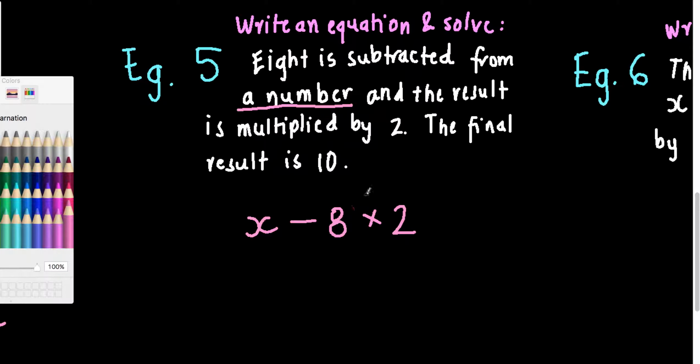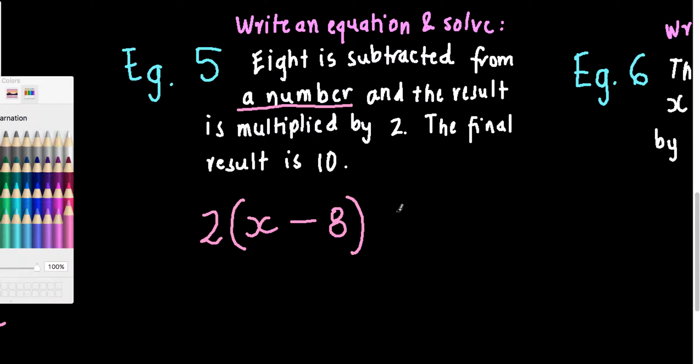It's going to multiply 8 by 2, and then that result, 16, will be taken away from x. And that's not what I wanted. It told me that the 8 was first subtracted, and the result of that was multiplied by 2. Now I'm putting the 2 out the front because we tend not to write this, do we? So we don't use that multiplication symbol. So if that's being multiplied by 2, I simply need to put a 2 at the front of that bracket.